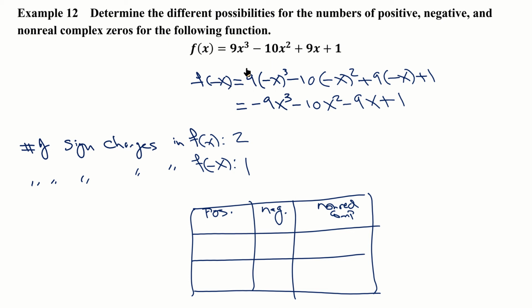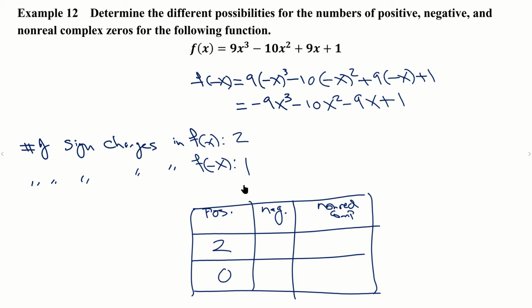So now we know that the number of sign changes in f of x was 2, right? So the number of positive zeros is either going to be 2, or less than that by an even number. The first even number is 2, so 2 minus 2, so it's either going to be 2 or 0, right?